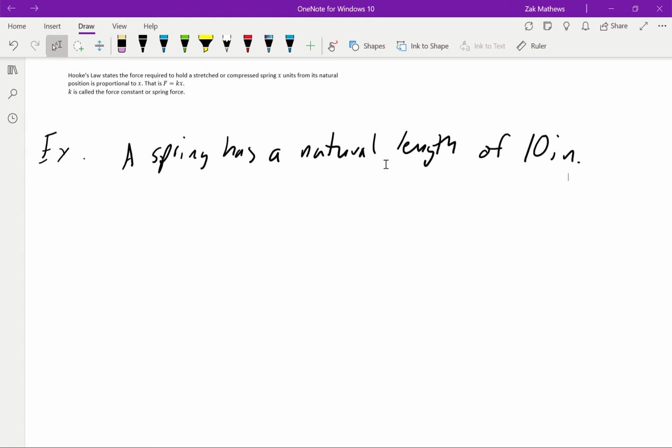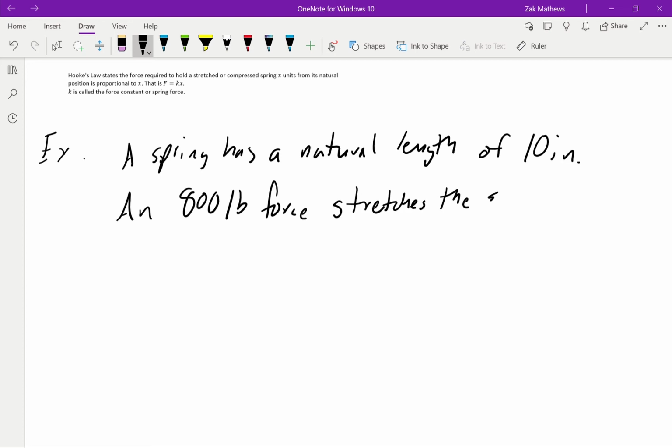And then from there we can compress it in or we can stretch it out. So we have a spring with natural length 10 inches, an 800-pound force stretches the spring to 14 inches. We're going to do a few things here. The first thing we always have to do is find the force constant.